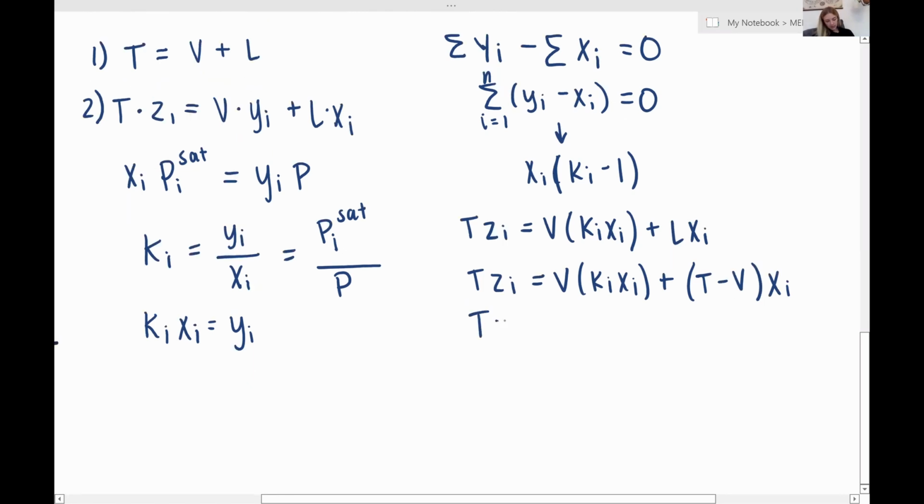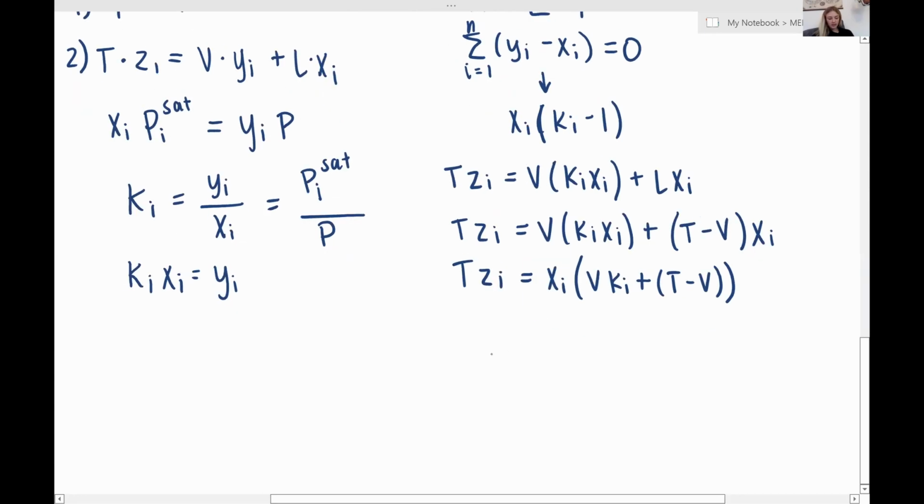We would have T zi equals Xi times V Ki plus T minus V. Then we can get X alone. So we would be left with T zi over V Ki plus T minus V.